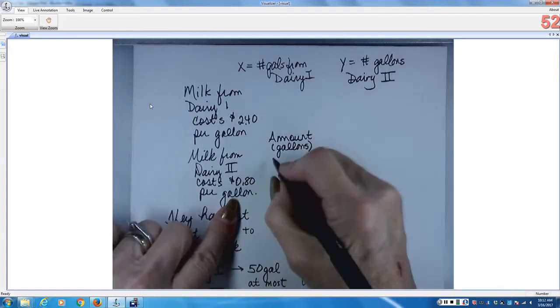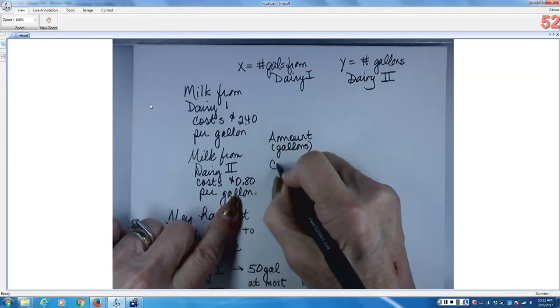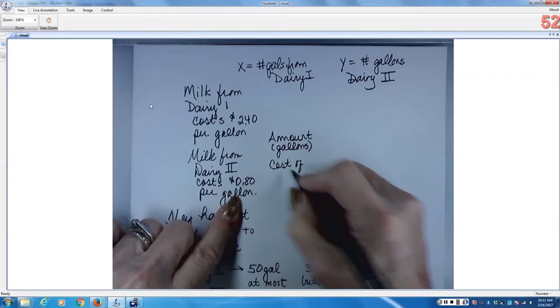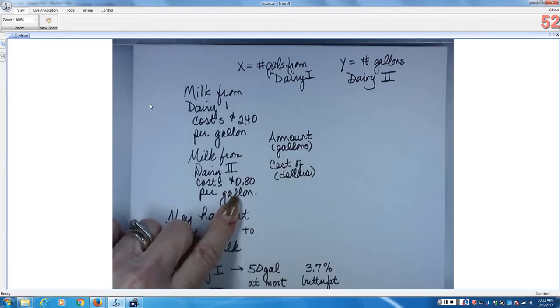You're going to have one equation that's going to talk about how much that milk costs. And that's dollars.